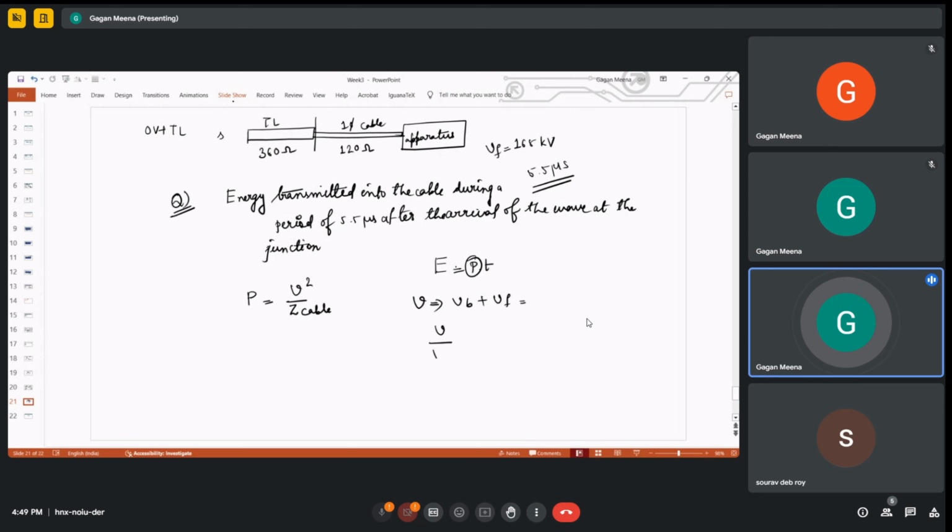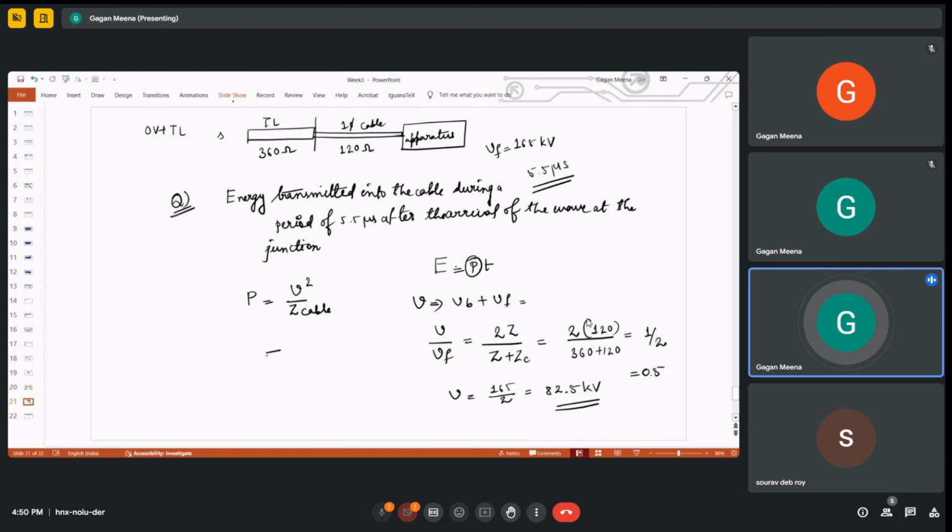And we also know that V by Vf is the transmission coefficient, which is 2Z by Z plus Zc, where Z is 120 divided by 360 plus 120. So it is 1 by 4, so it is half, 0.5. So V is half of 165, 165 by 2. It becomes 82.5 kilovolt.